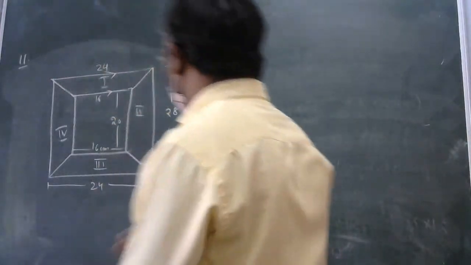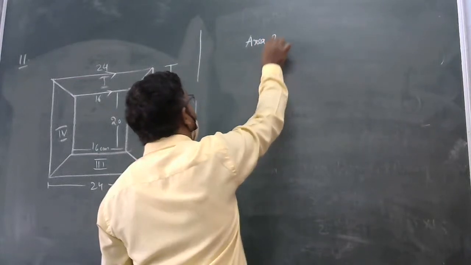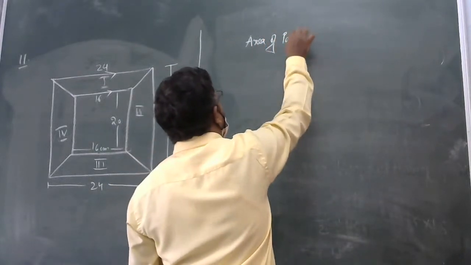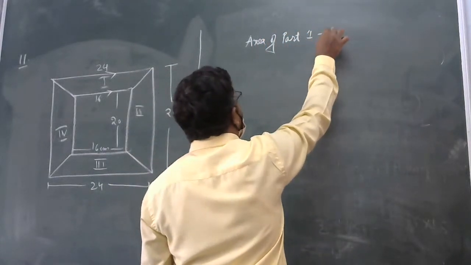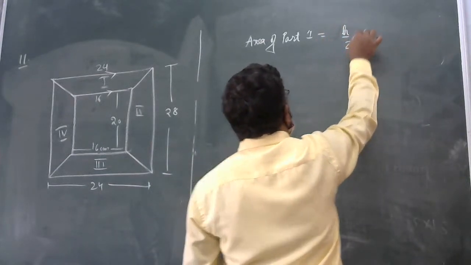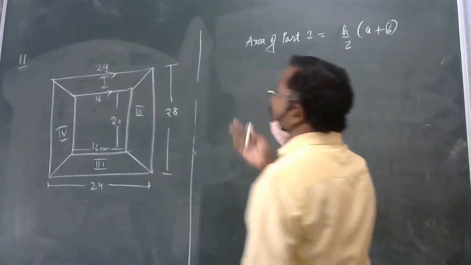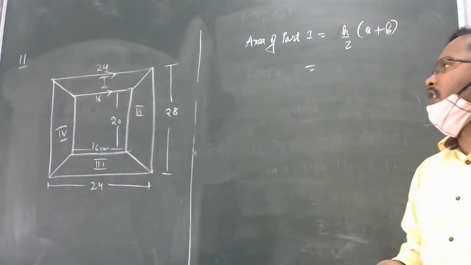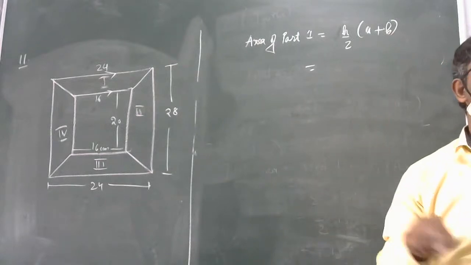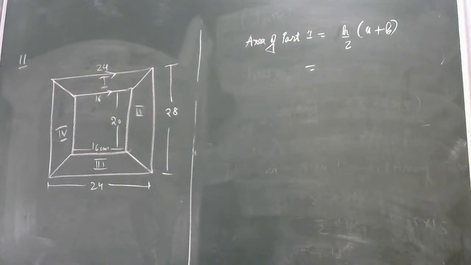Okay. Any other answer? So we got a and b, that is 16 and 24, because they are parallel sides and their dimensions are given in the question. But we need the height.